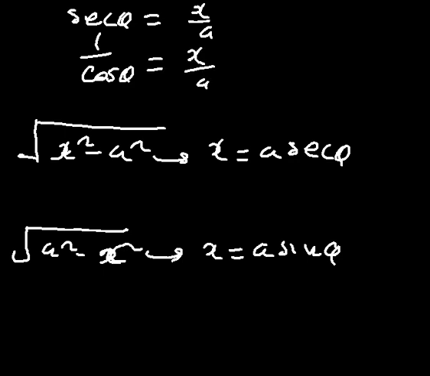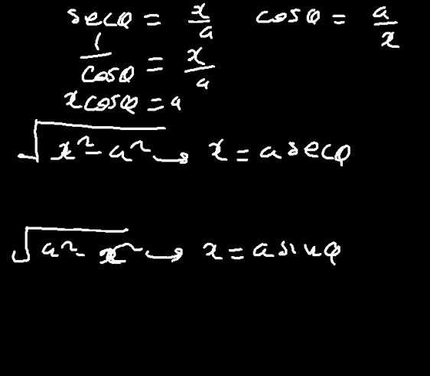Therefore we cross multiply to get x cos theta is equal to a. We divide everything by x, so cos theta is equal to a over x.